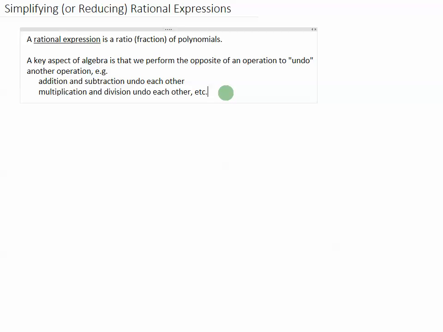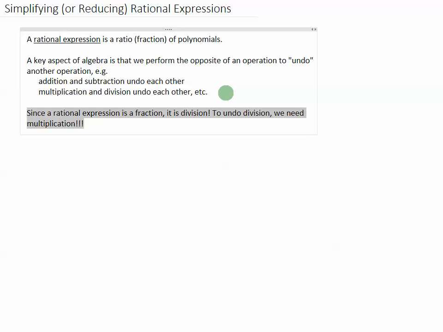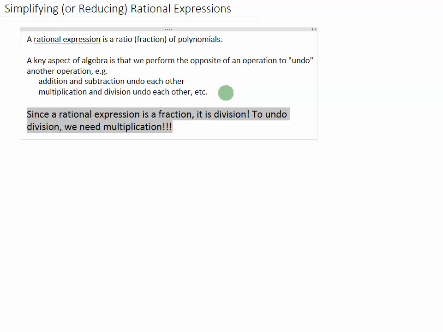Okay? So here's the key. Since a rational expression is a fraction, it is division. The fraction bar means division. To undo division, we need multiplication. This is the key to this entire video here.